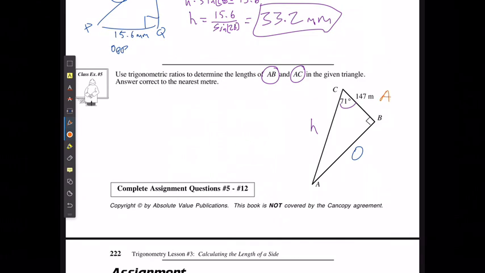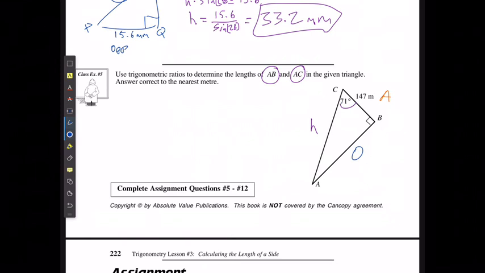So first, if I am going for the side length of AB, then I'm solving for my opposite. I know my adjacent, which means I need to use my tan ratio.